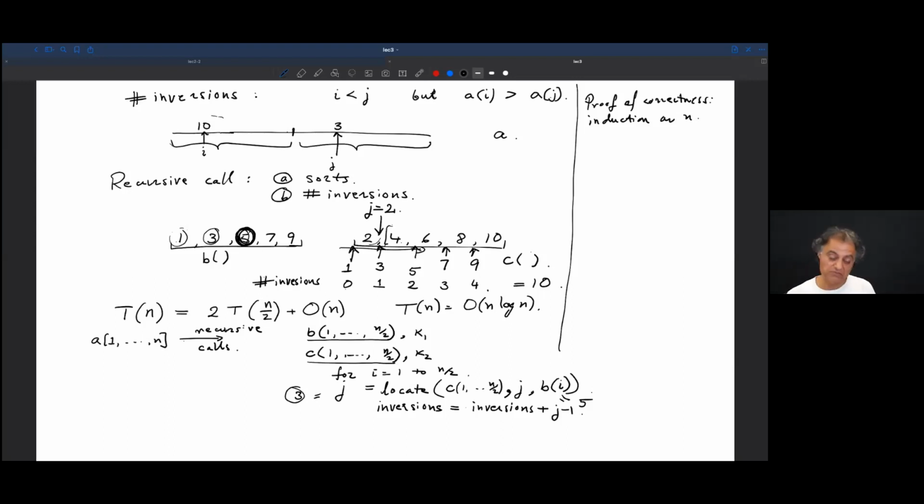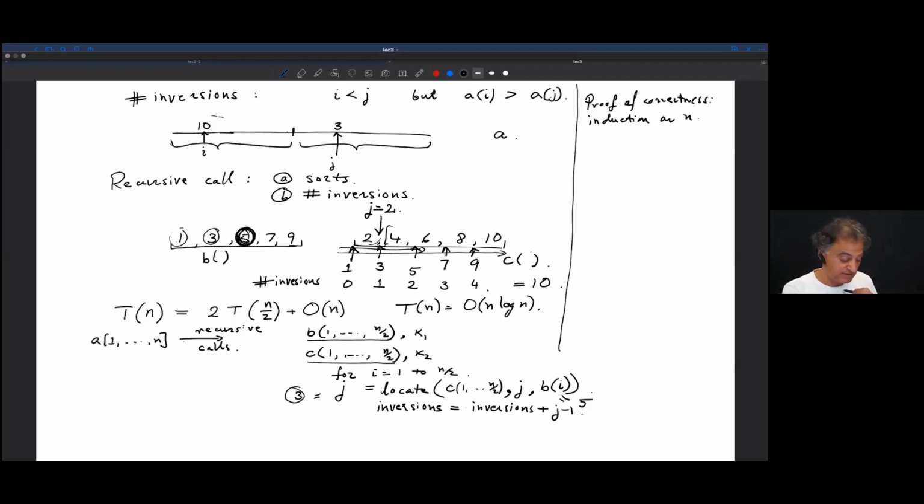In terms of running time analysis, because locate is just walking left to right across this array, it takes order n time. And so T of n is 2T of n over 2 plus order n, which is order n log n. Maybe this is a good time to stop and see if there are any questions.